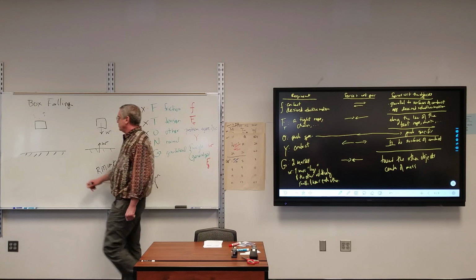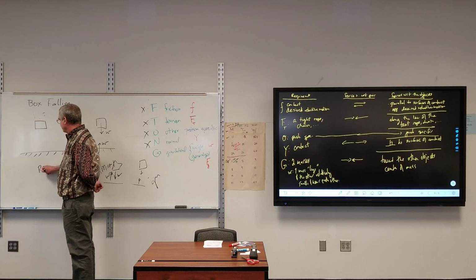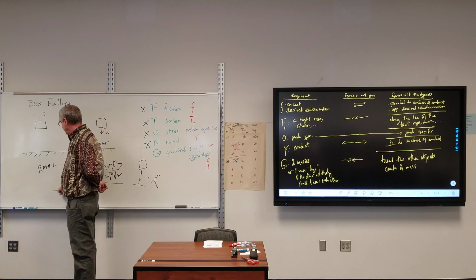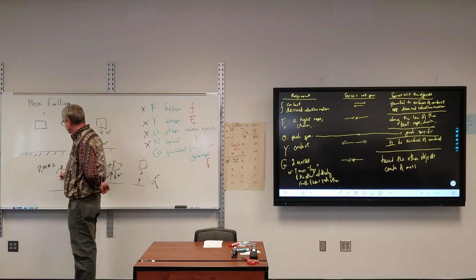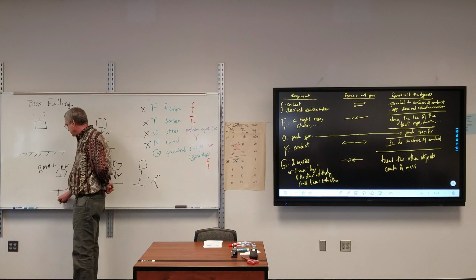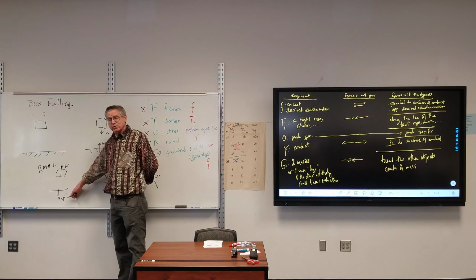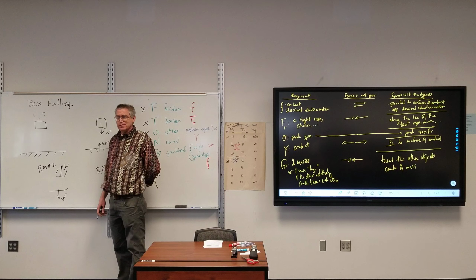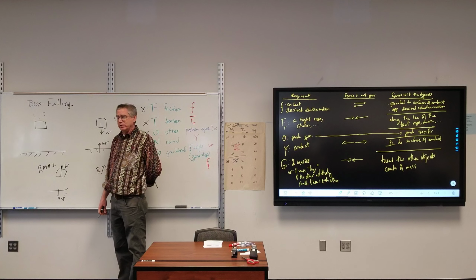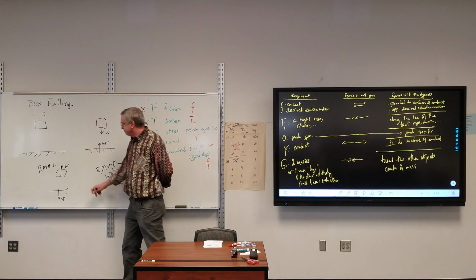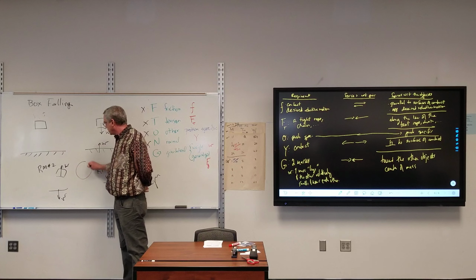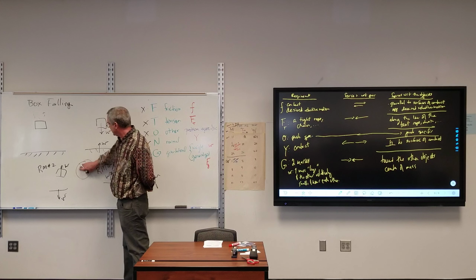Rookie mistake number two. Backwards. It's like saying the earth is pushing up on the box and the box is pushing down on the ground. It's very difficult to push down on the ground without touching it. But for both of these, let's go ahead and do the circle.